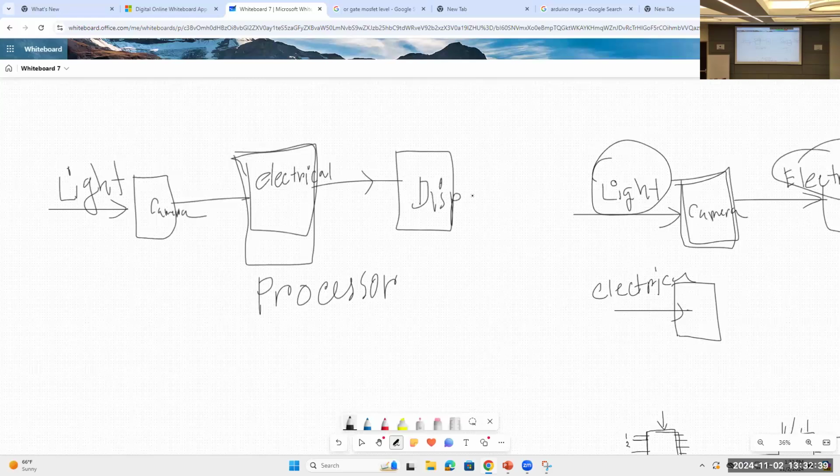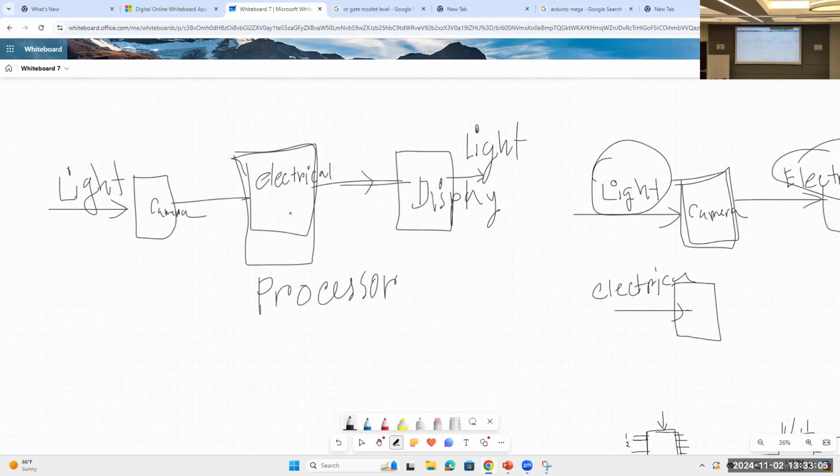The display takes the electrical signal from the processor and converts it to a light signal again. Inside the display there are pixels as well. So it gets the data from the processor and generates the light or optical signal.